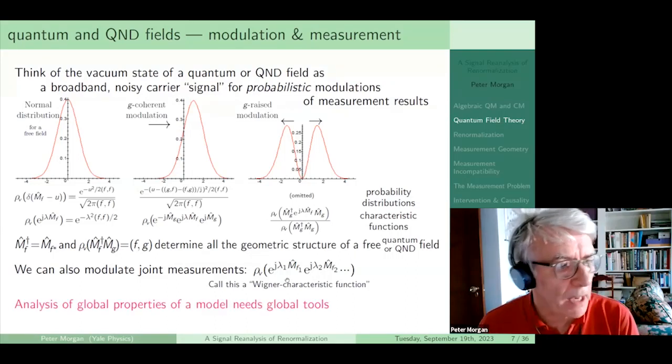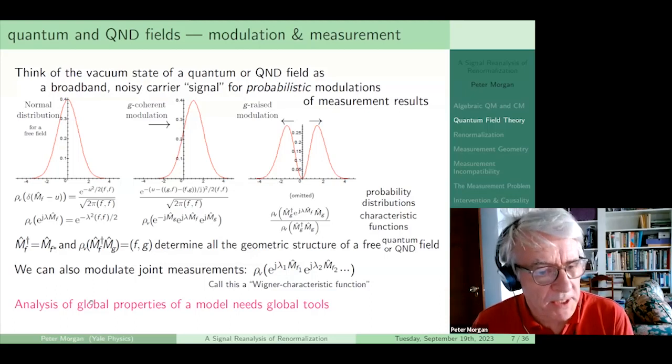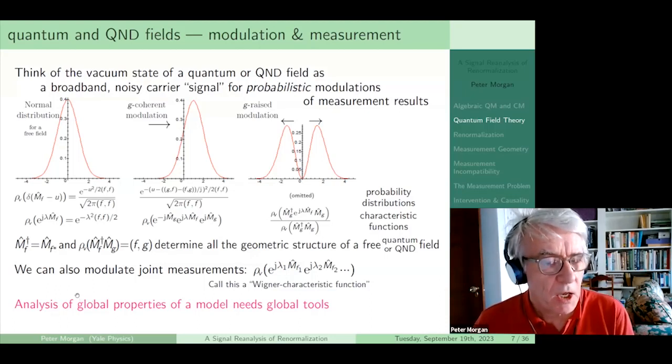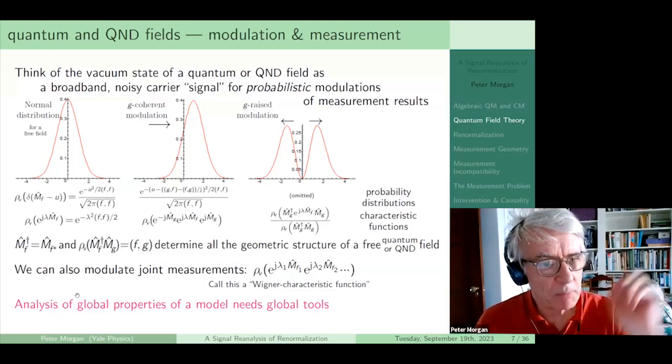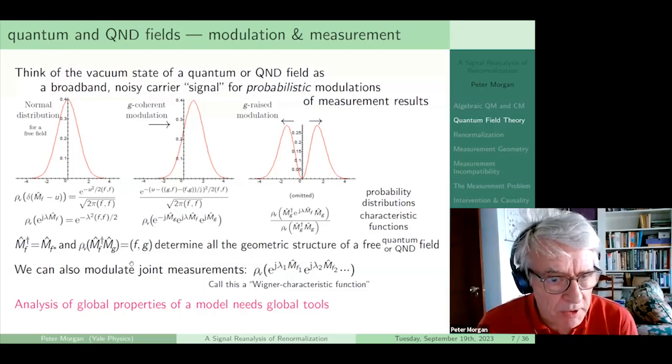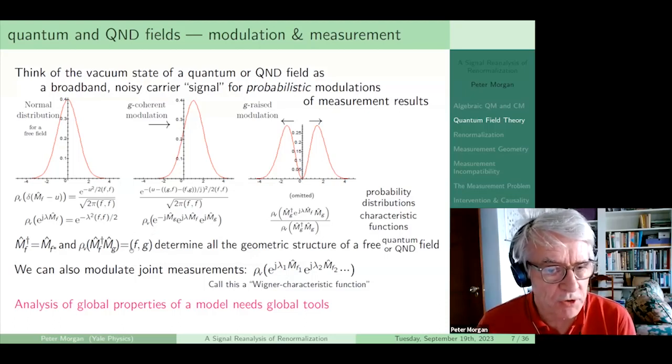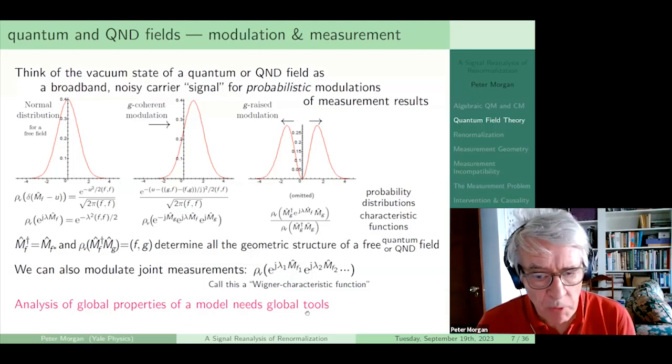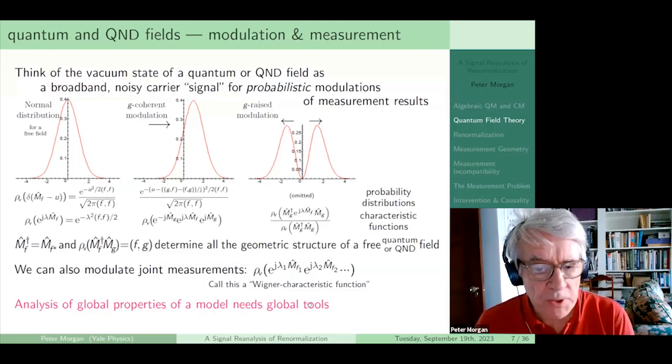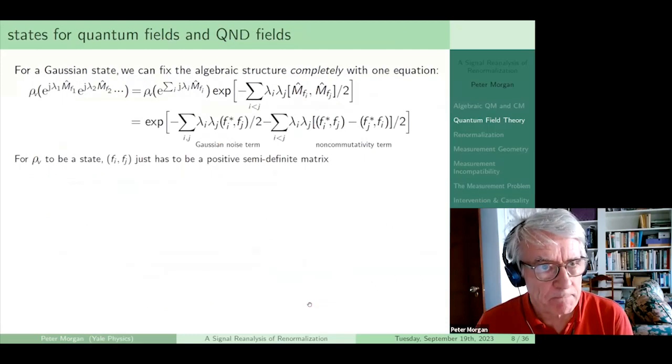Now, all of this is entirely local properties of the field, which could be scalar, it could be anything. The pre-inner product contains what the structure of the field is. If we want to use more global tools, I will only talk very little about those today.